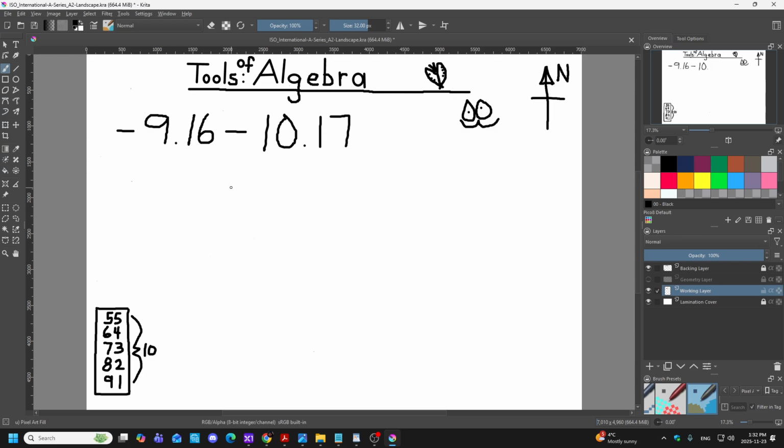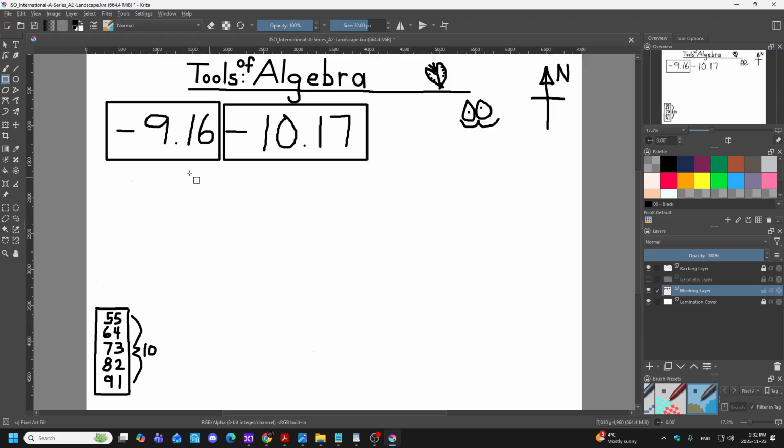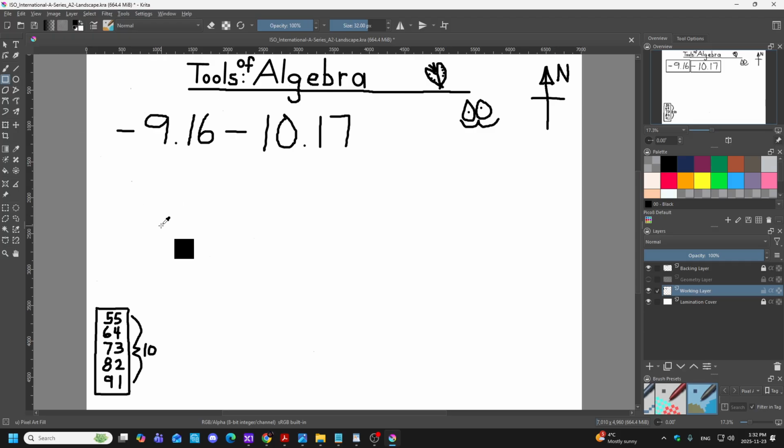Okay? Again, same kind of concept. You could look at these as two separate objects, both being negatives now. It's kind of a quick way to look at it. Because we have same signs, we are increasing.